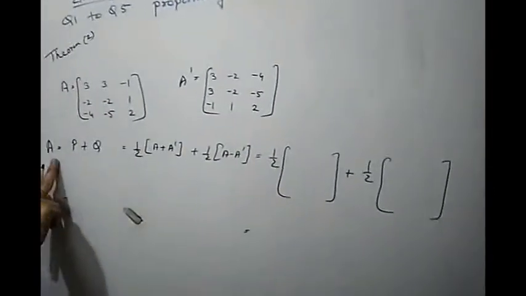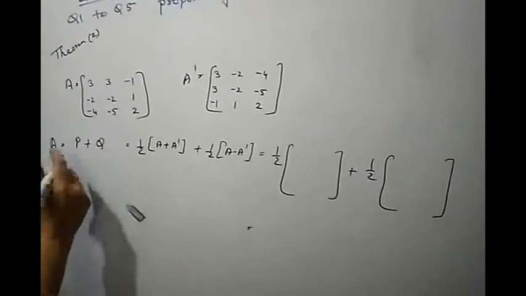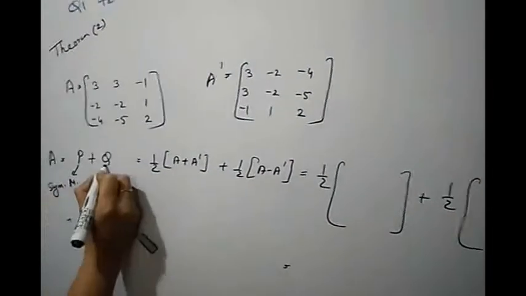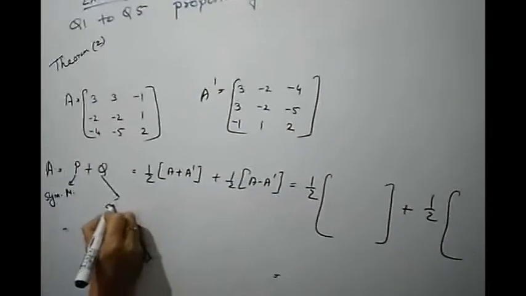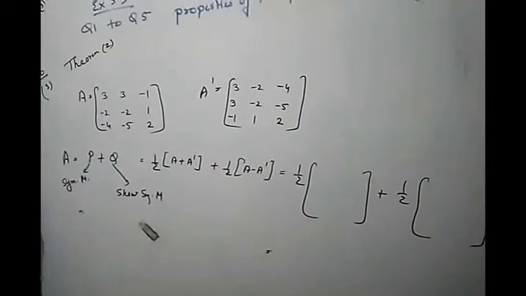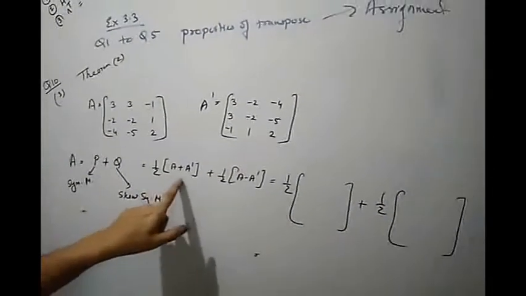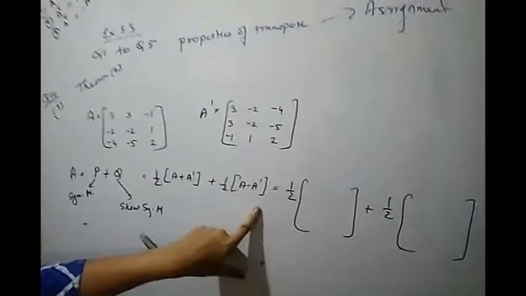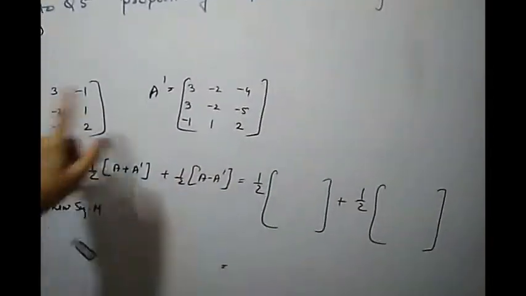Now A has to be expressed as P plus Q, where P is a symmetric matrix and Q is a skew symmetric matrix. So P is equal to half (A plus A dash) and Q is equal to half (A minus A dash).